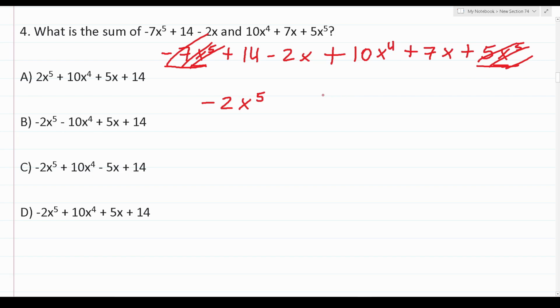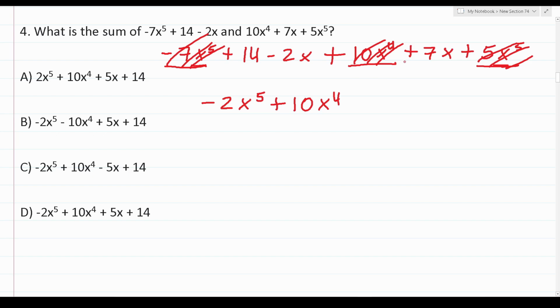All right, so when you simplify expressions, you want the powers on the variables to be in descending order. So we're going to go 5, 4, 3, 2, 1. So next we're going to be looking for the variable raised to the 4th power, which is right here. Of course, we don't see any other variables raised to the 4th power, so we're simply going to drag it down. This becomes 10x to the 4th, and now we can cross it out.